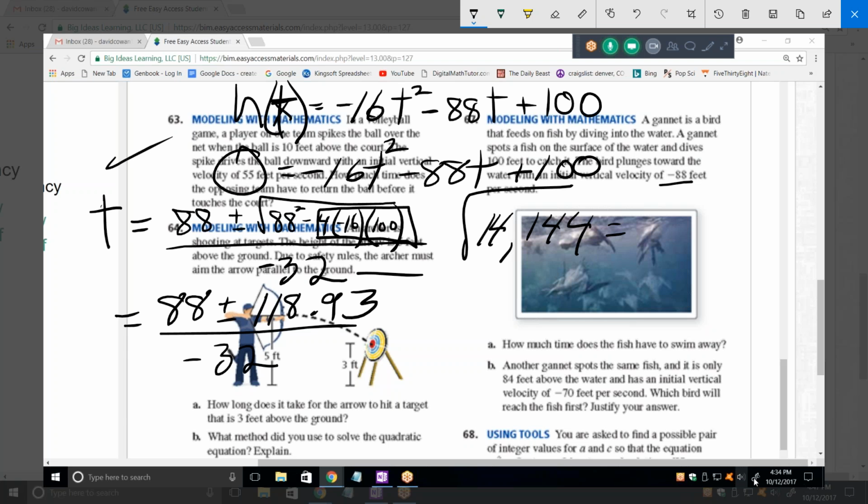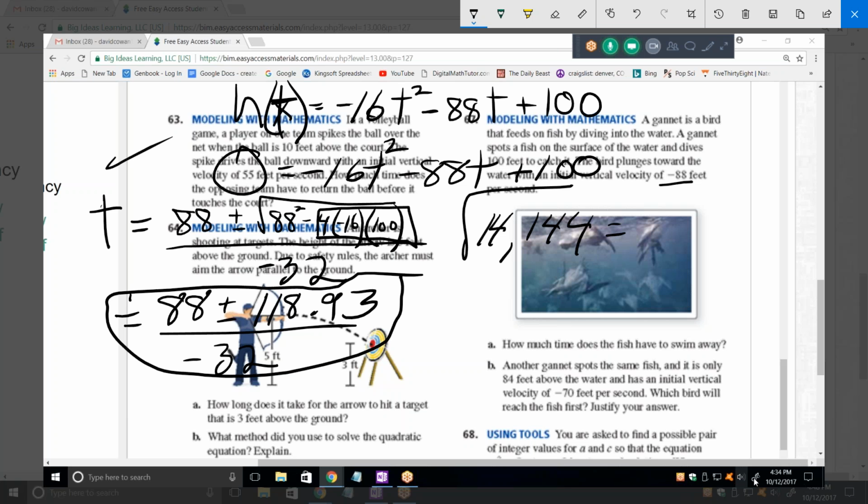Okay, so there are our two answers. Now tell me how long it takes that bird to hit the water. So 118.93 seconds.